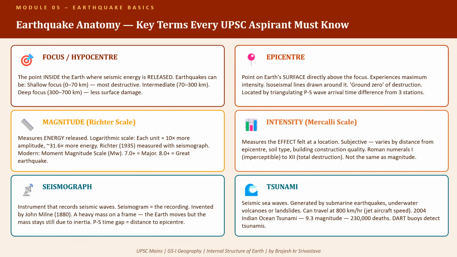They amplify dramatically as they enter shallow coastal waters. The 2004 Indian Ocean tsunami, triggered by a 9.3 magnitude earthquake off Sumatra, killed 230,000 people across 14 countries. India's INCOIS, Indian National Center for Ocean Information Services, has operated the Indian Tsunami Early Warning Center since 2007.